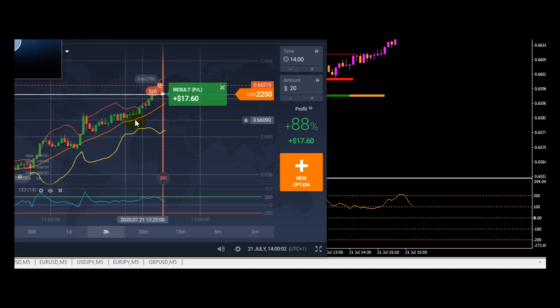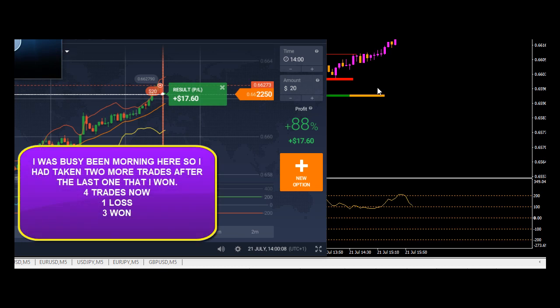Okay, guys, I'm sorry I did not show you when I was picking up this trade. I was busy. This is actually the third winning trade, which means I have had four trades today. I lost the first one and I won the last three trades.